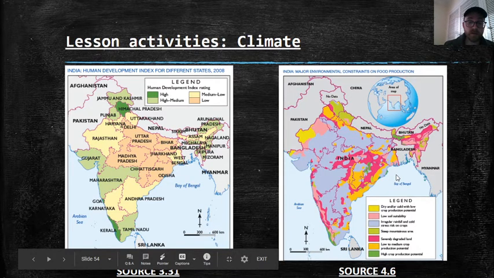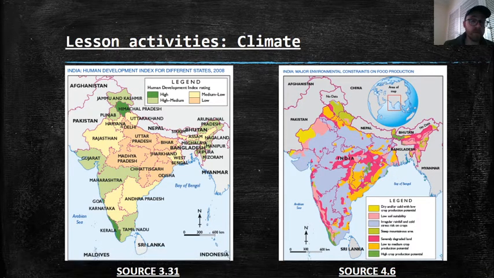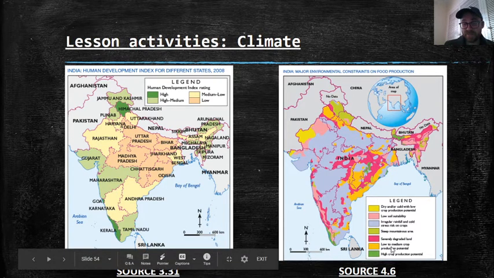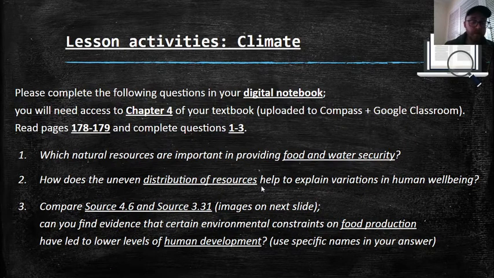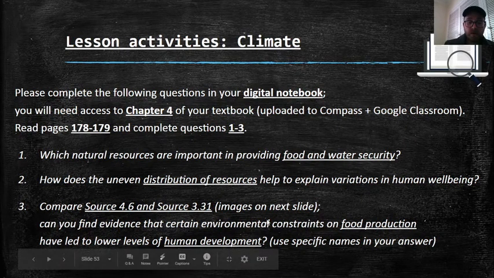So that's impacting obviously the amount of resources they have, and it's impacting their health and happiness. So what you should try and do, look for some of these low regions in India in the middle, Madhya Pradesh, let's say, and see if you can find some environmental factors that are impacting it. So basically, high and low human well-being in India, can you find evidence that it's being impacted by environmental factors?